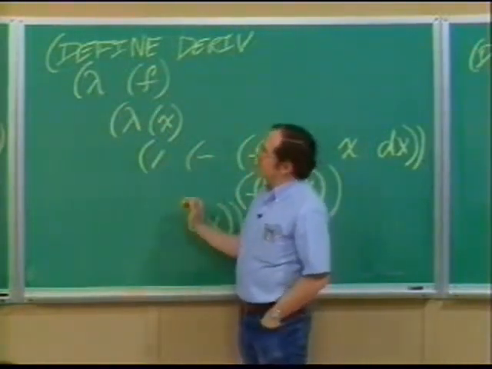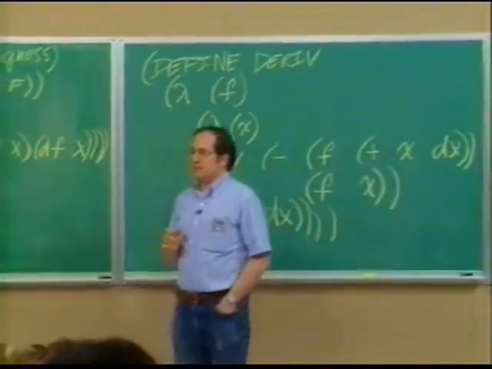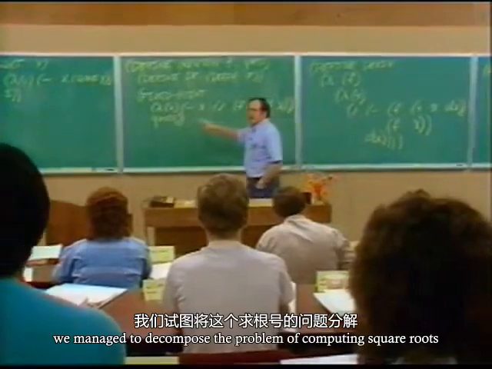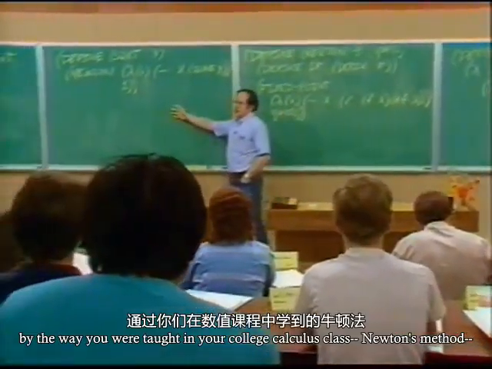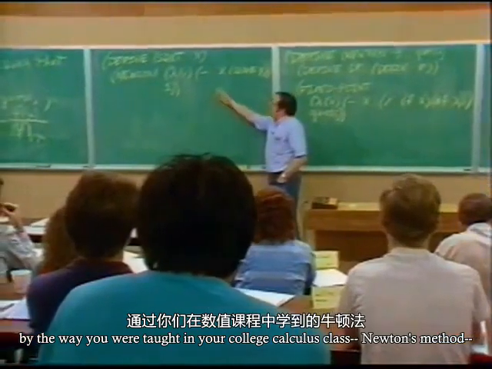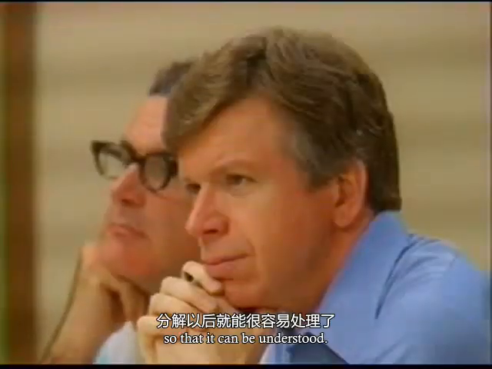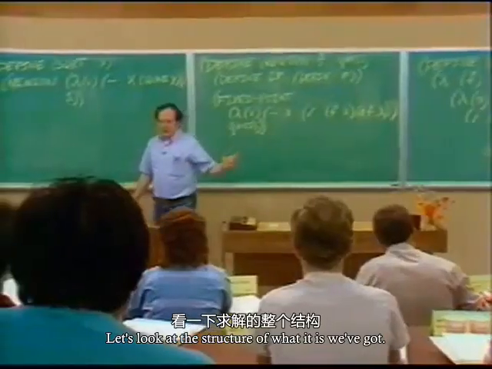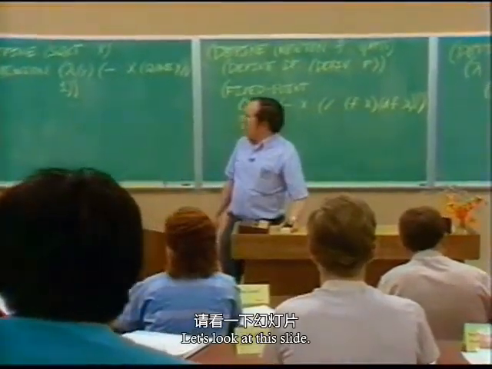Look what we've got. We started out with what is apparently a mathematically complex thing. And in a few blackboards full, we've managed to decompose the problem of computing square roots by the way you were taught in your college calculus class, Newton's method, so that it can be understood. It's clear. Let's look at the structure of what it is we've got. Let's look at this slide.